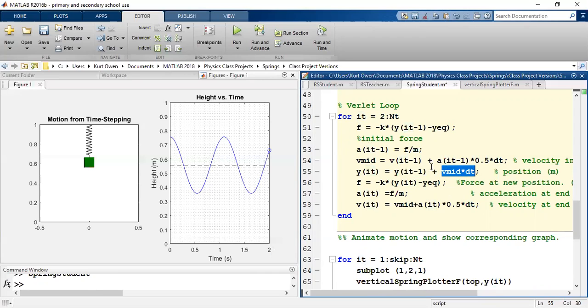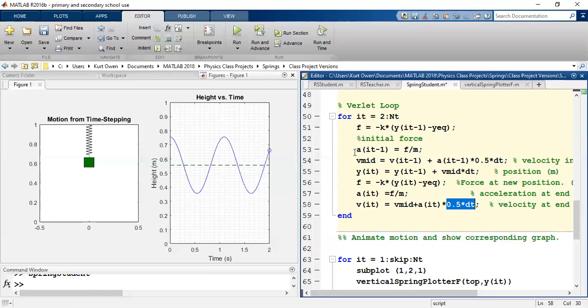Then in the Verlet method we recalculate the force at the right-hand side of the interval, recalculate the acceleration, and then take another half step of velocity. Remember, what was unique to Verlet is you take 2 half steps for velocity, which means you're able to do more of a trapezoidal, middle sum sort of approach rather than trying to do everything from a left sum. You get better answers with fewer iterations of the loop.